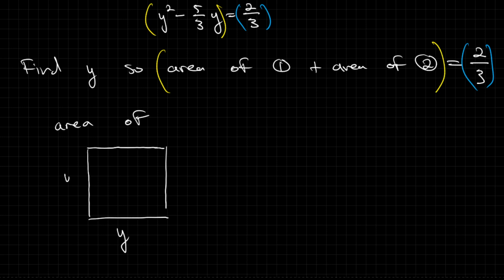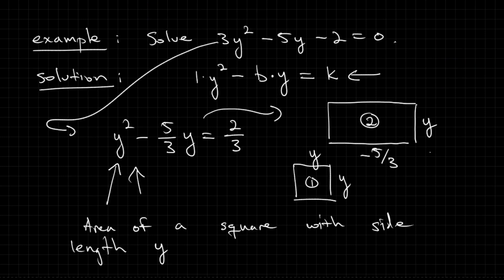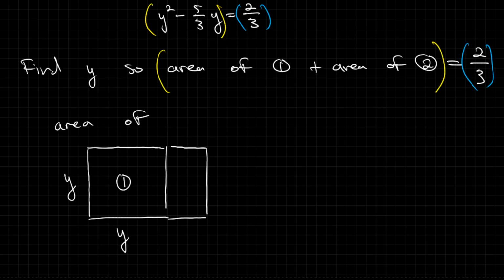which has side lengths y, plus, and I'm going to draw the second shape, shape 2, alongside of it. If we take a look here, one of the side lengths of shape 2 is y, so one side length will match up with the square side length.